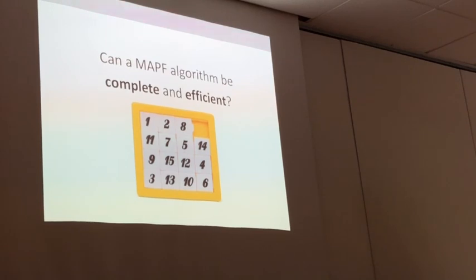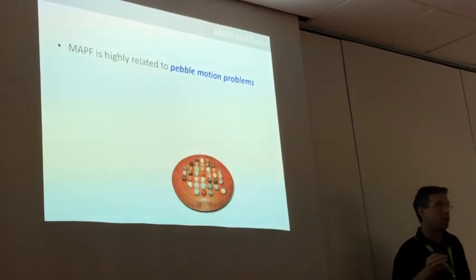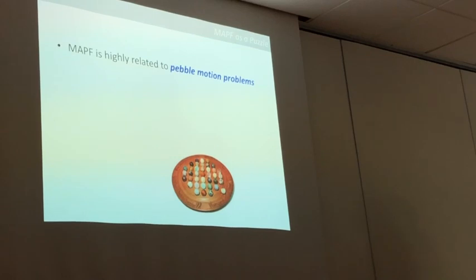So we can look at the multi-agent pathfinding problem as a puzzle, and people actually have done that. But don't feel bad. It's okay, because there was a line of work that, like you, has forgotten an old paper that solved this. Specifically, multi-agent pathfinding is very related to a classical puzzle, the pebble motion problem, where you have pebbles and you need to move them from one block to another to some target location.